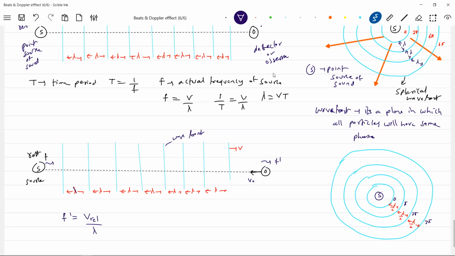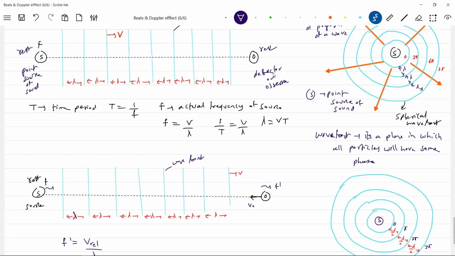Because we know the distance between wavefronts does not change, but the speed with which the waves strike the observer will vary. So in the first case, the wavefronts strike the observer with speed v.